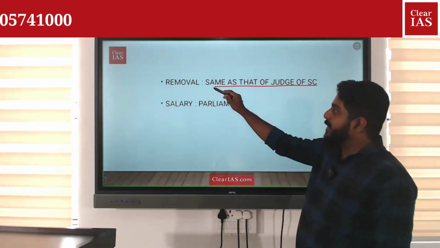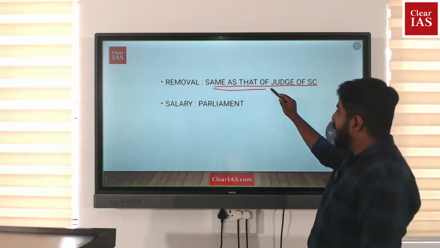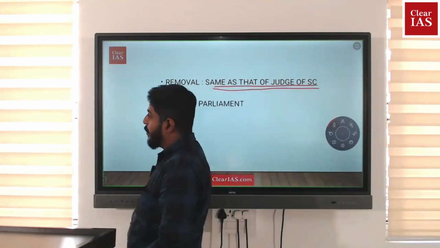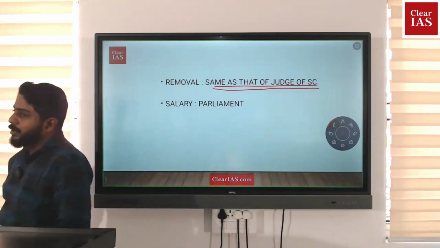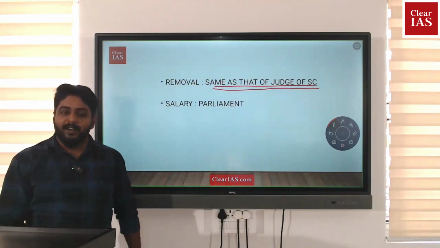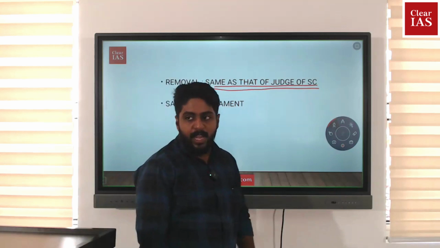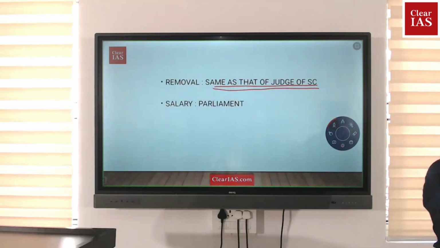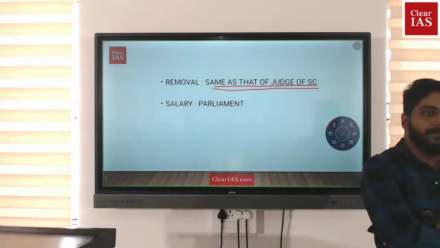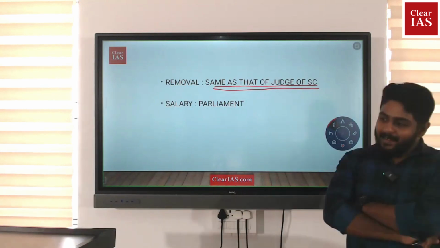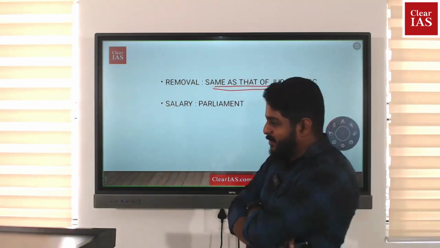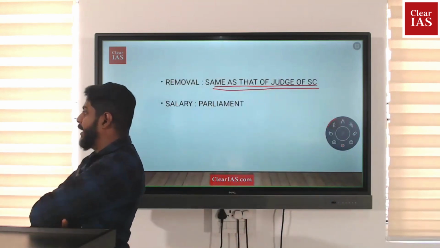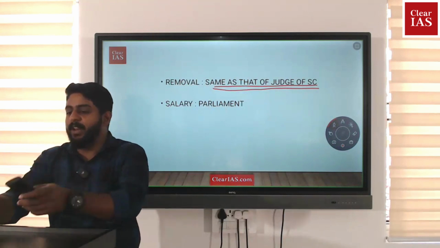The removal of the Comptroller and Auditor General of India follows the same process as that of the Judge of the Supreme Court. Now tell me how the Judge of the Supreme Court can be removed. Who can remove the Judge of the Supreme Court? President? Okay, fine. So you have told me that the removal will be done by the President of India. Very good. Absolutely right.